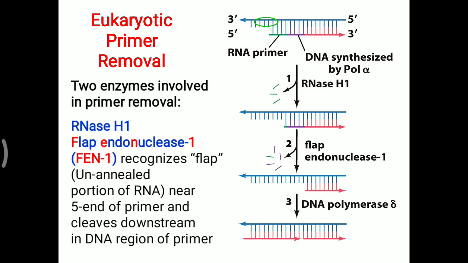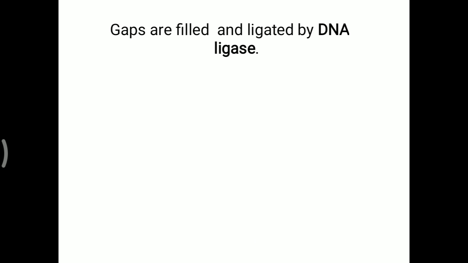Whatever portion is removed will be resynthesized, as deoxynucleoside monophosphates are added with the help of DNA polymerase delta. So finally the RNA primer is removed and replaced by DNA molecules. Even after that, whatever gaps remain are filled and ligated by the DNA ligase enzyme.